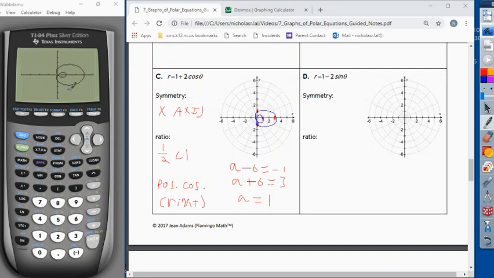It's not perfect to our graph, but as you can see, it matches up based on the ratios. This is 1, 1, 2, 3, 4, 1, 2, 3, 4. So 1 minus 2 times the sine of theta. It follows the exact same pattern. A point here, a point here, a point here, and a point here, and we draw our limicon.